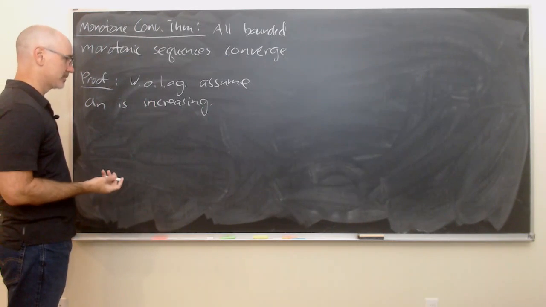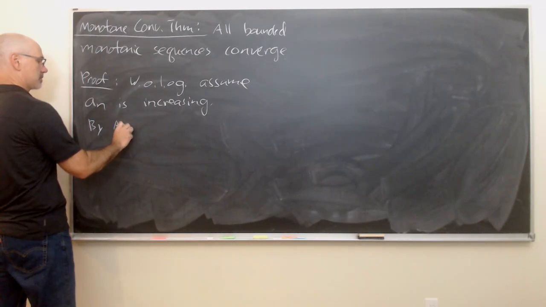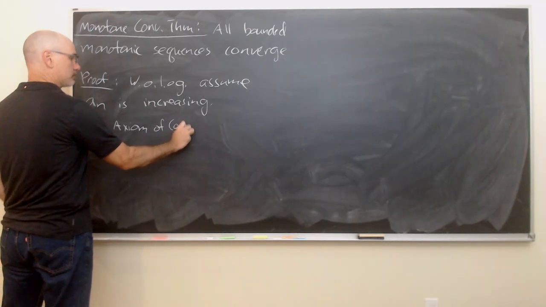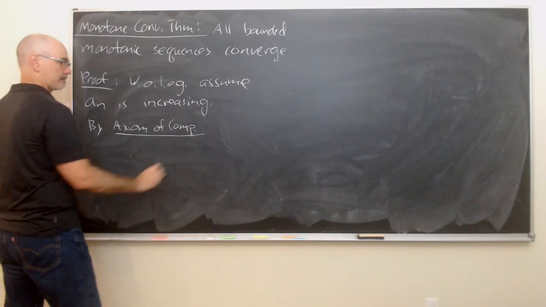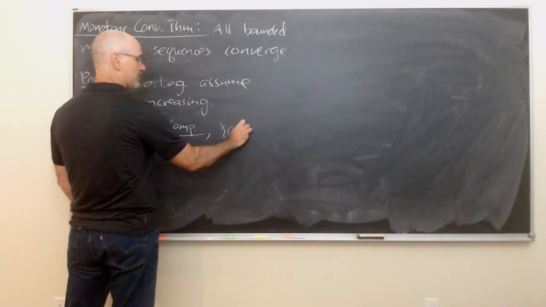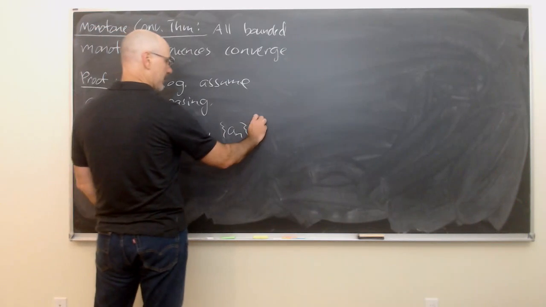We know that it's bounded, and so by the axiom of completeness, the set made up of all of the elements in the sequence has a least upper bound.